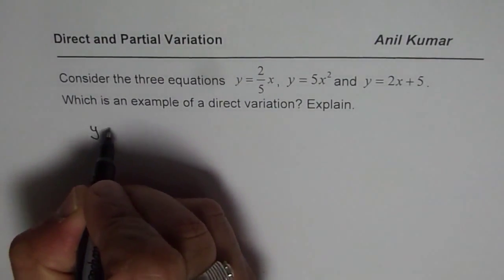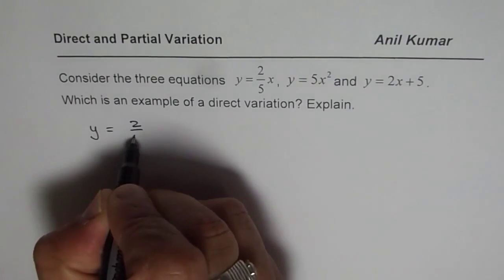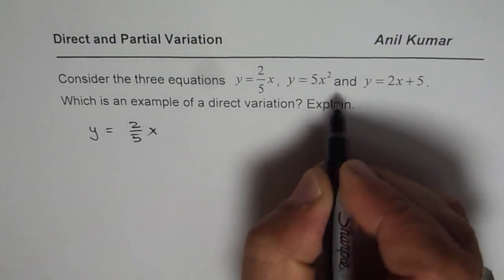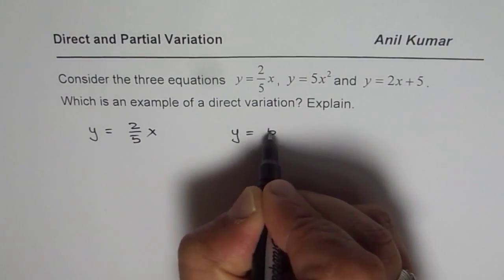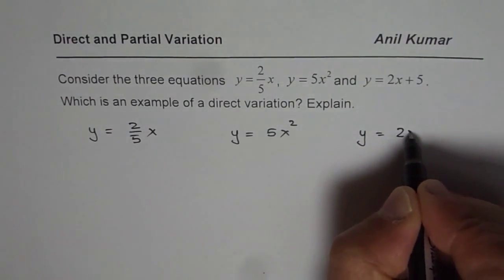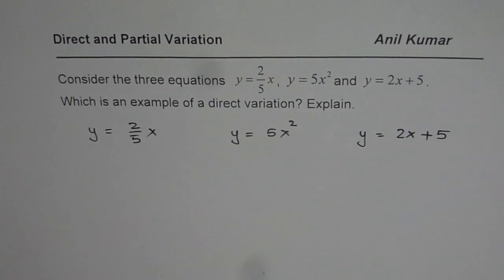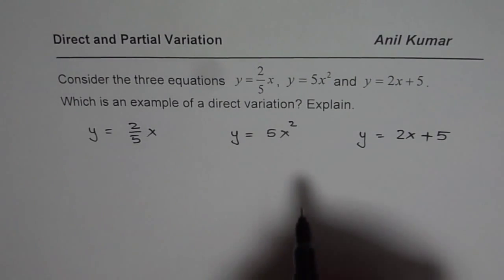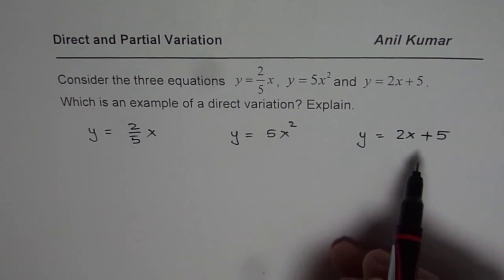The first equation is y = 2/5x. The second one given to us is y = 5x², and then we have y = 2x + 5. Now whenever you're talking about direct variations, you have to see whether the equation is linear or not.